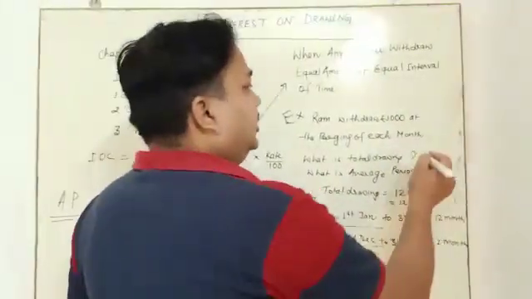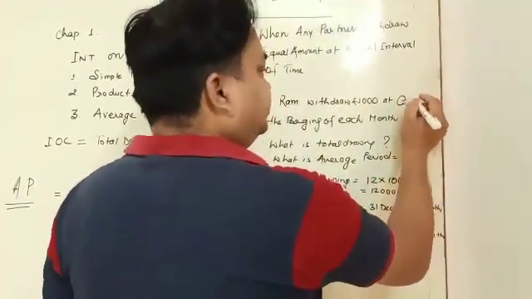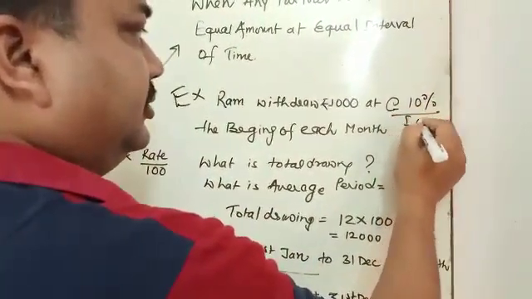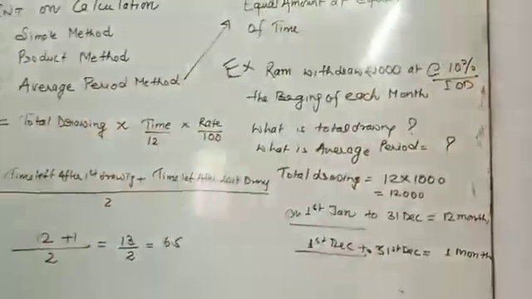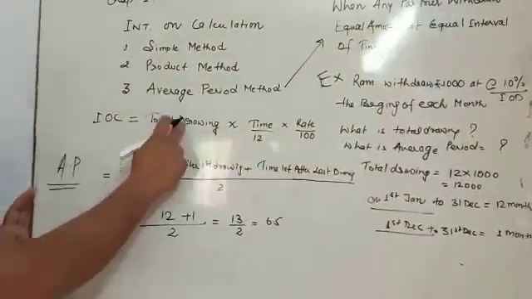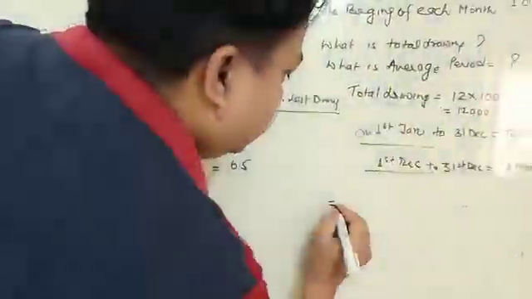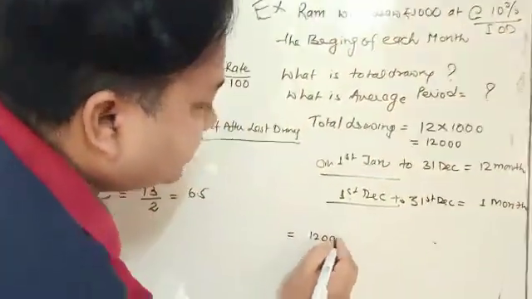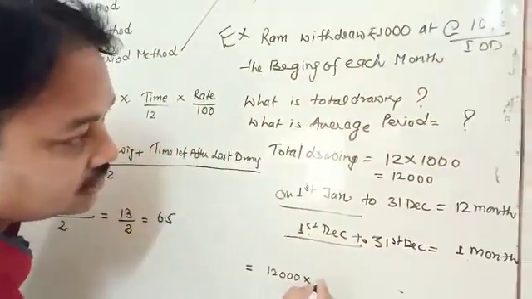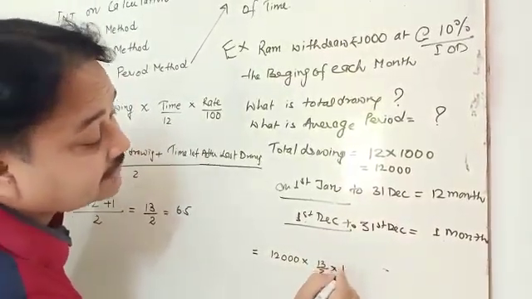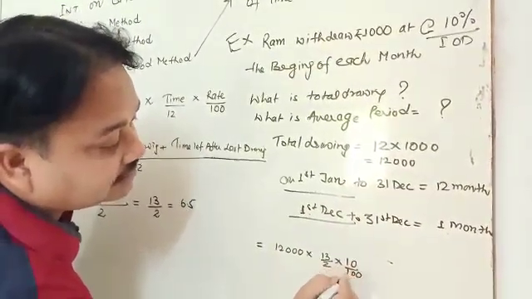Simple. In every question a rate of interest on drawing is given. You just put it in the formula: total drawing, time, rate. So in this question, total drawing is equal to 12,000, times 13 by 2, multiply 10 by 100.